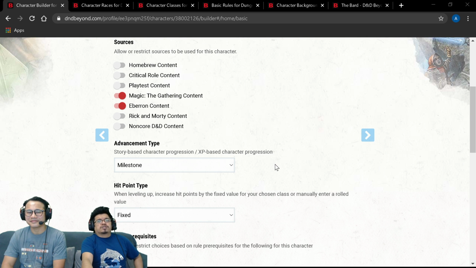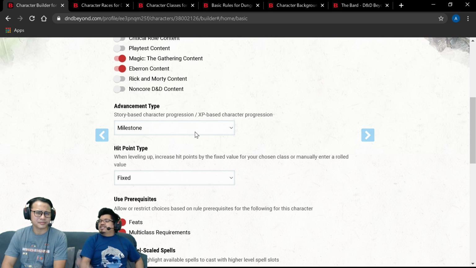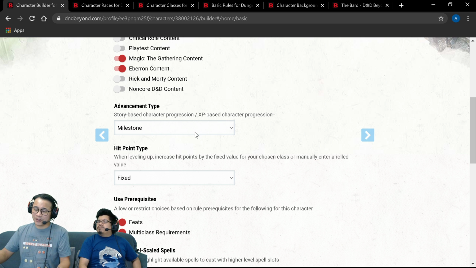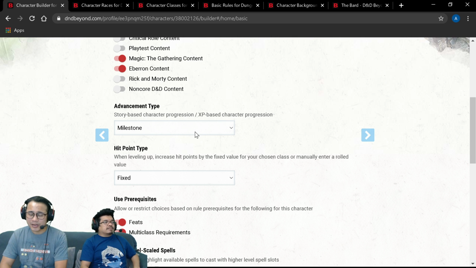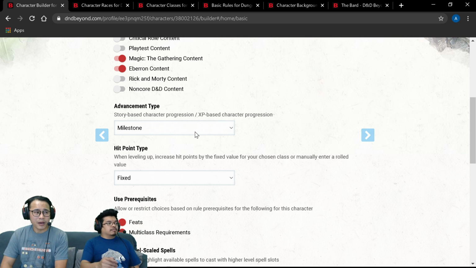Next thing we're going to talk about is advancement type. There's two options, milestone and XP, and I'm going to let the DM talk about it. Okay, well, XP, I think if you're a gamer, you probably know XP by now. That's the number you get by eliminating opponents or finishing a mission, and that's up to the DM.